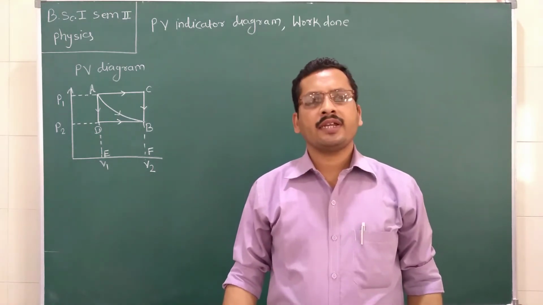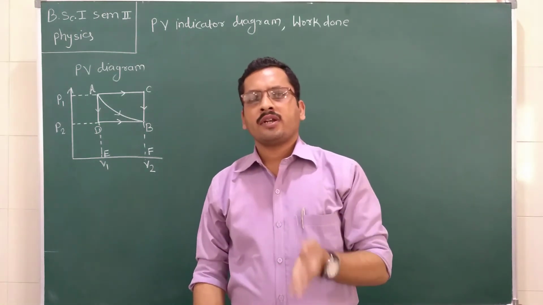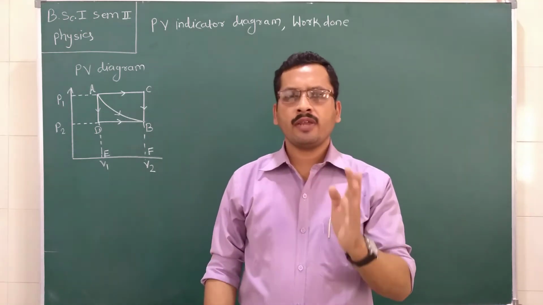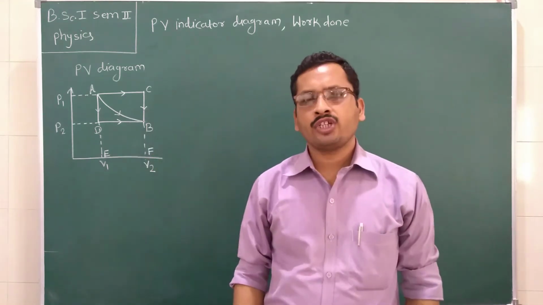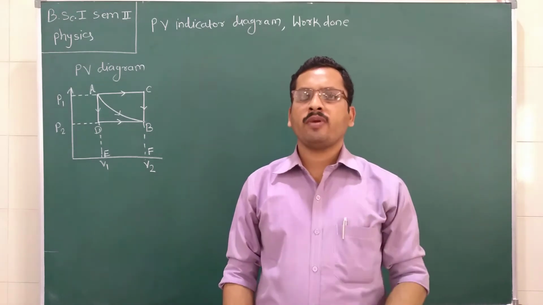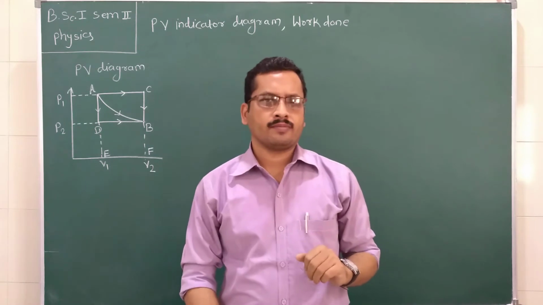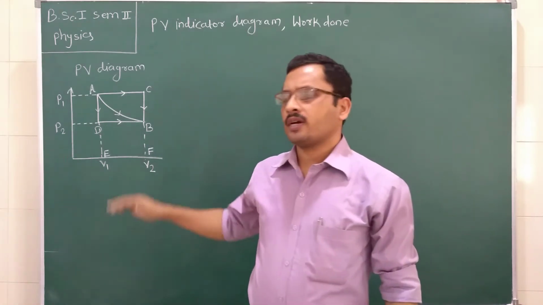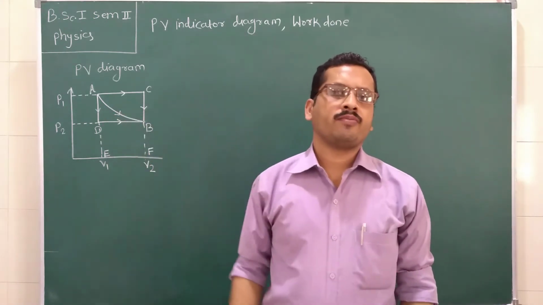Now it is considered that the amount of work done in traveling from a state A to the state B is similar, but by using this PV diagram we can show that the amount of work done traveling from A to B in different ways is different. So we can prove that the amount of work done is different in different paths from A to B.